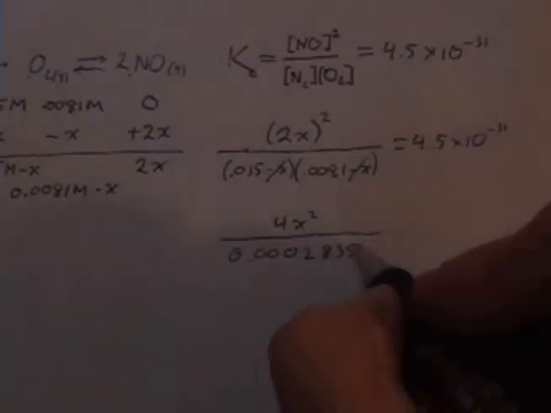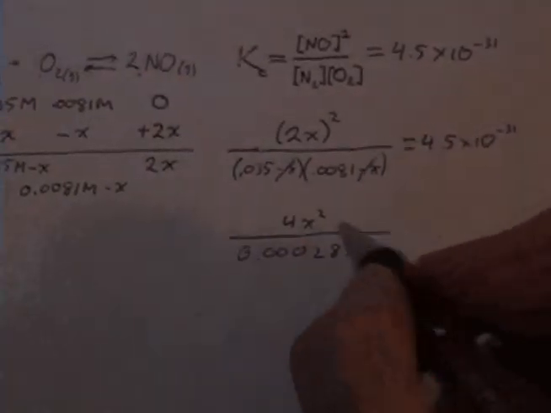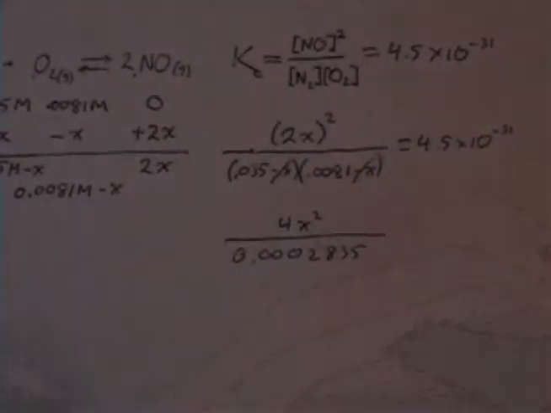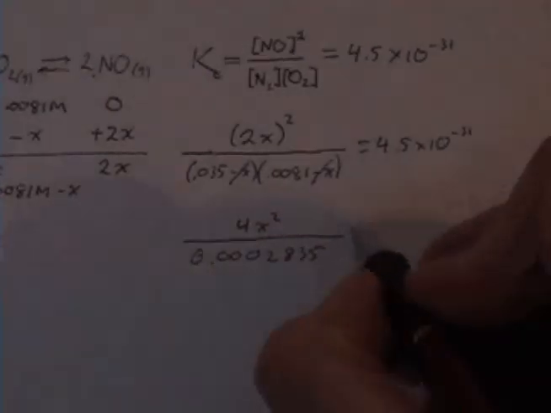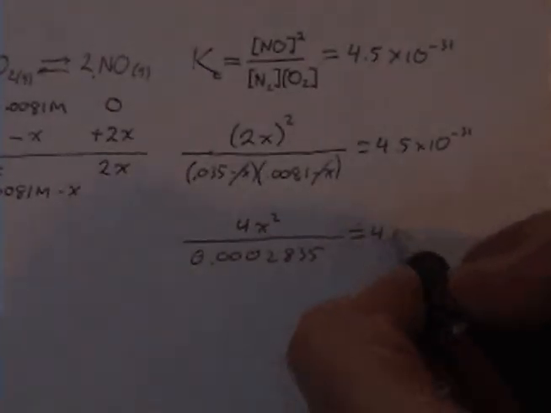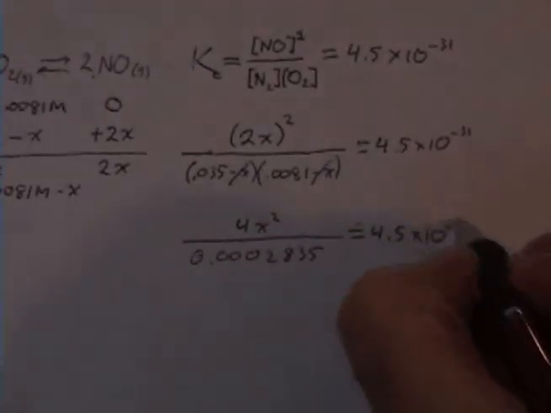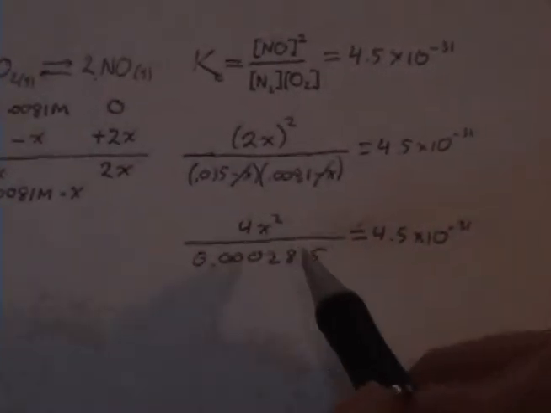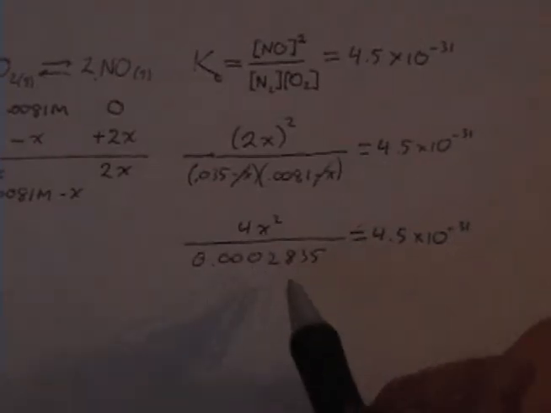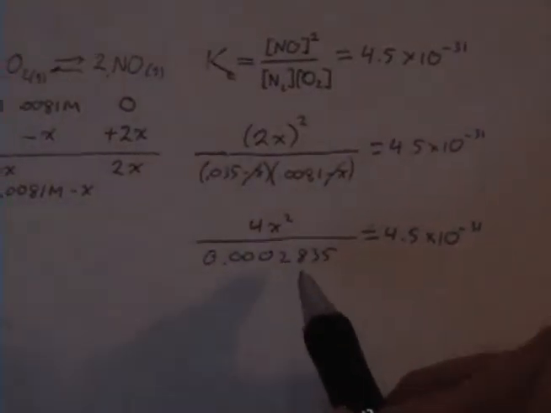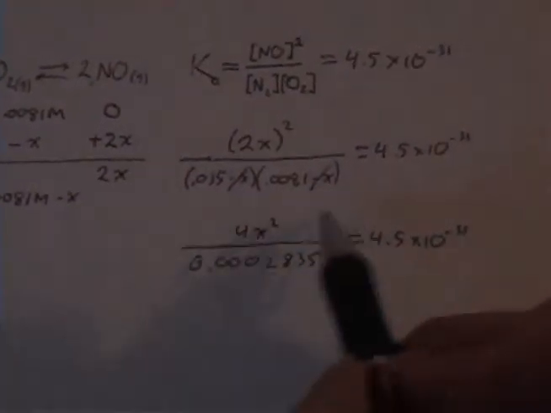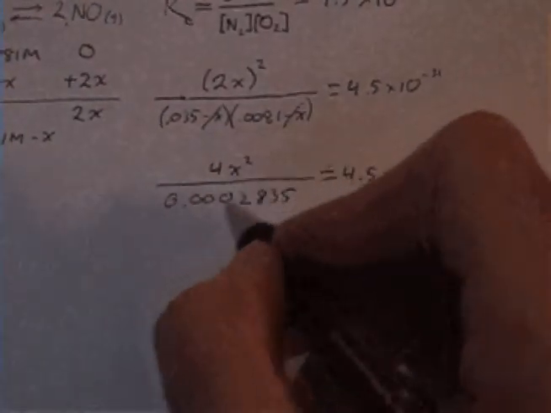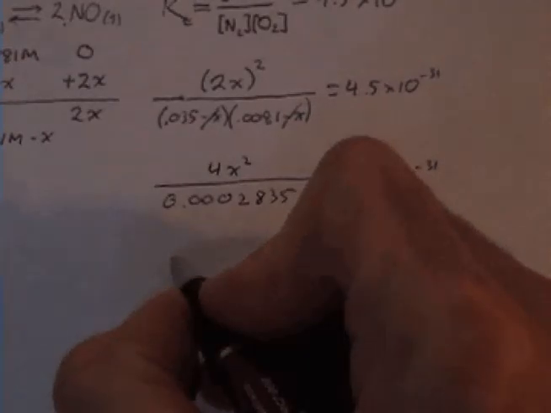I don't really have 4 significant figures there, I just have 2, but I'm carrying that out until we're done with the calculation to minimize rounding errors. Now you see I've made this go down to just a constant.